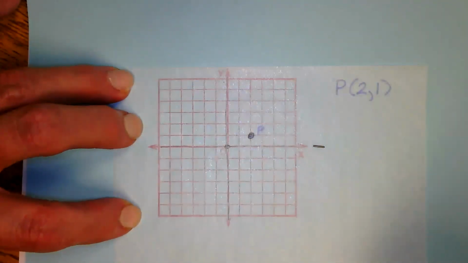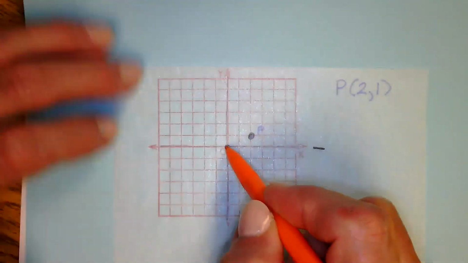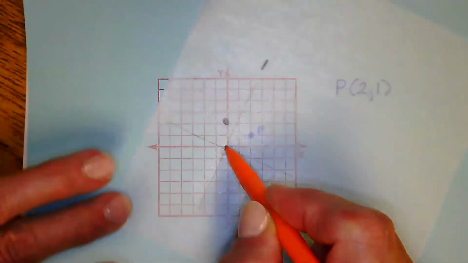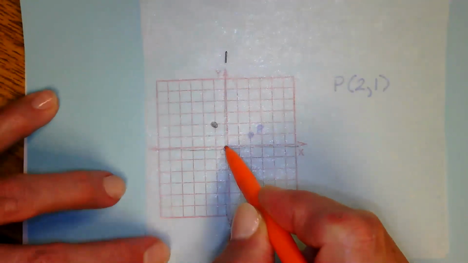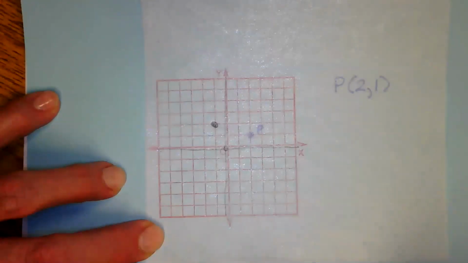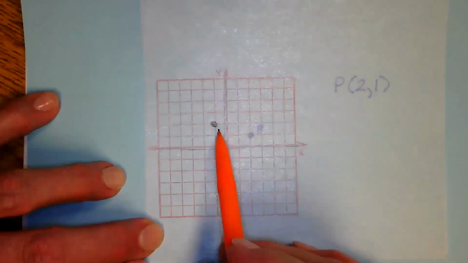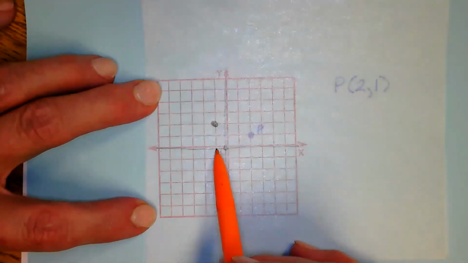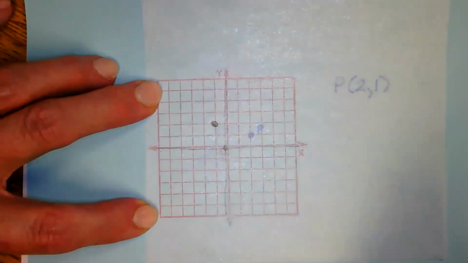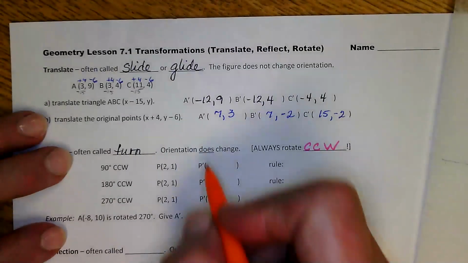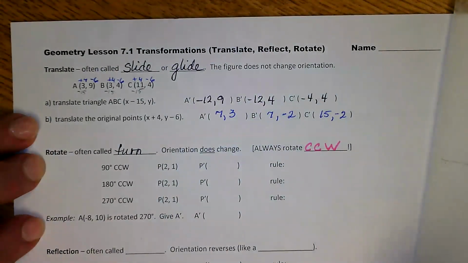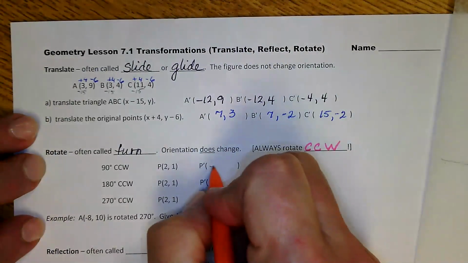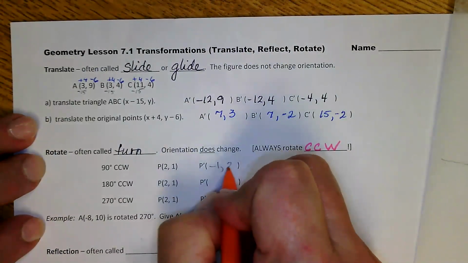That's to the left. So I hold it at the center. Notice it should click into place where the axes line up. And you can see point P is over here. It is at negative 1, positive 2 now.